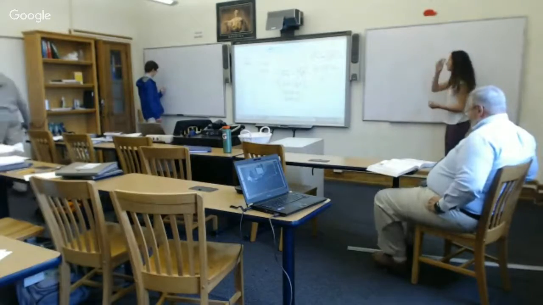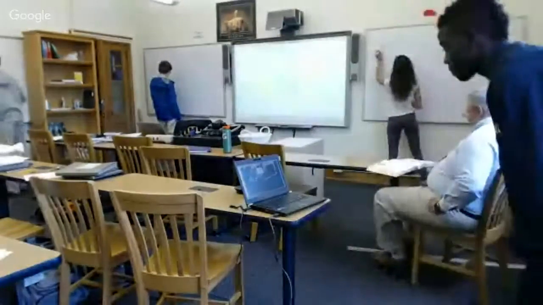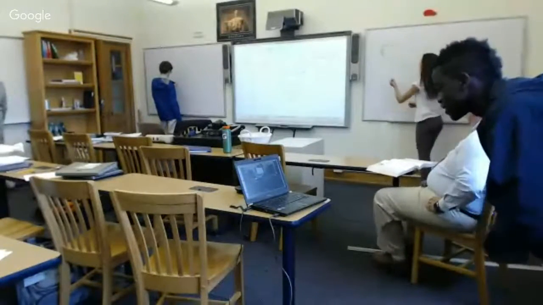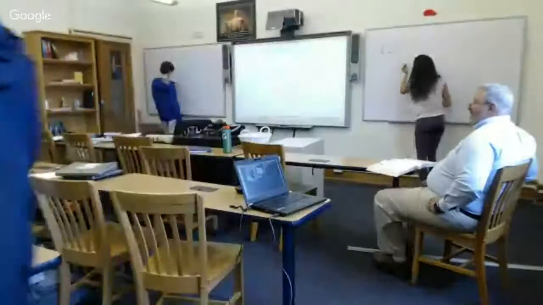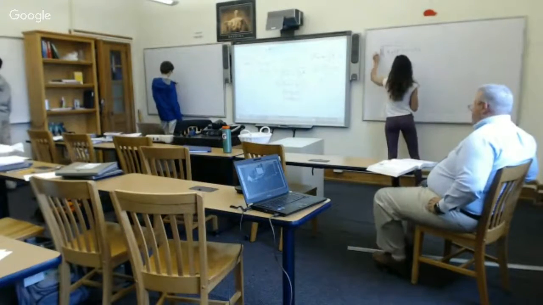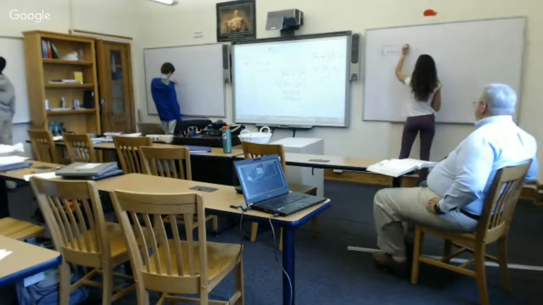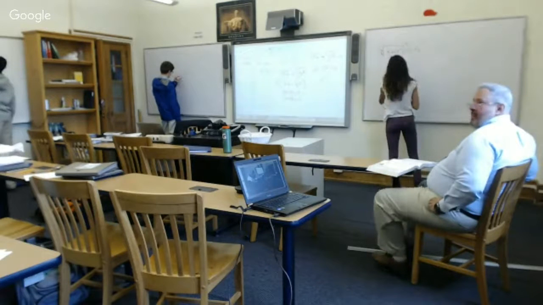Here we go, the cube root. Cube root of x plus 40 equals negative 5. Wait, cube? Cube root, yep. So do you multiply it by 3 now? No, you cube it.